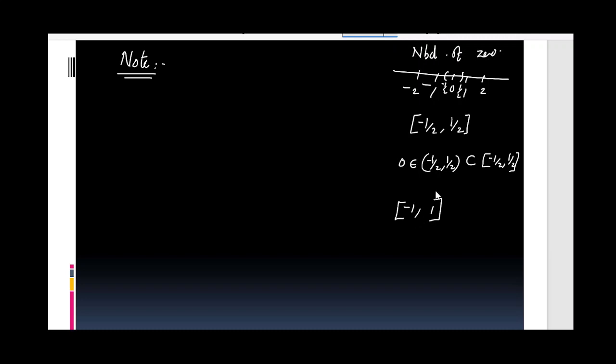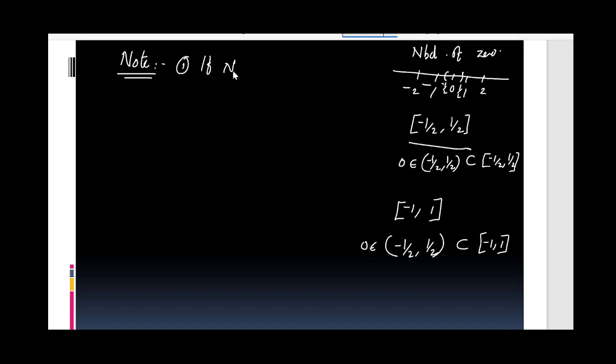Yes, of course, because this open set, that is minus 1 by 2, 1 by 2, is a set containing 0 and which is definitely contained inside minus 1 comma 1. Now if I am taking minus 2 comma 2, again the same. So what is the specialty? These all sets are going to be supersets of the neighborhood I considered first, right? So here we can conclude that if you have got a neighborhood N, then any superset is going to be a neighborhood.